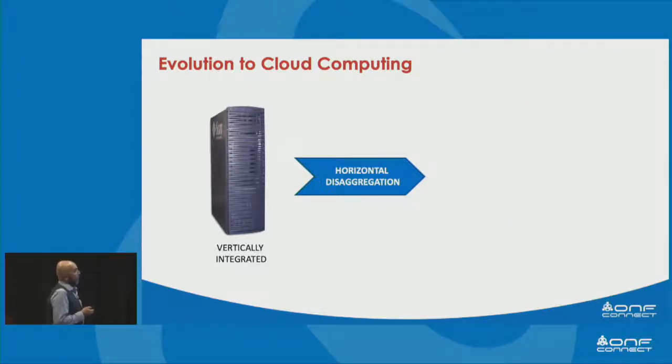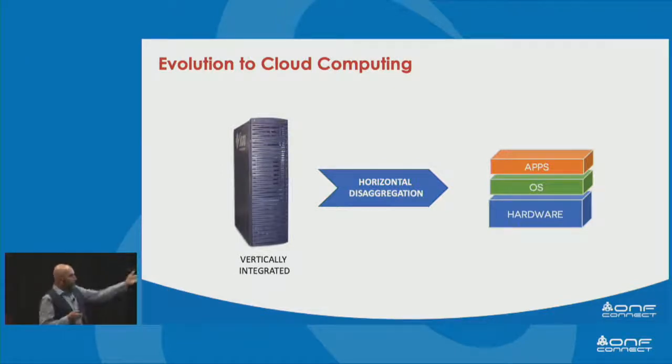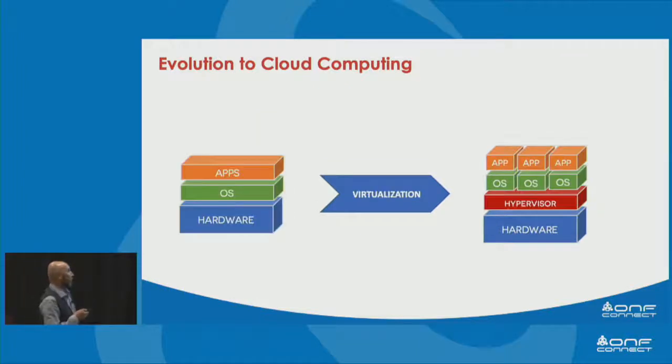But next was the second one. So in short, this is sort of where we ended up, right? We had hardware disaggregated from software, and we had an operating system that interfaces the applications with the hardware and abstracts everything so that application developers don't have to worry about how to actually access the different resources.